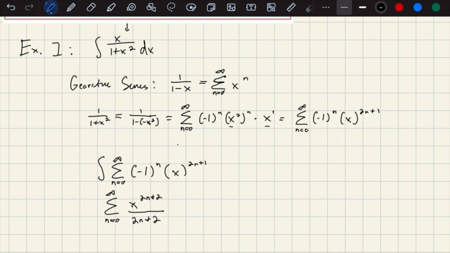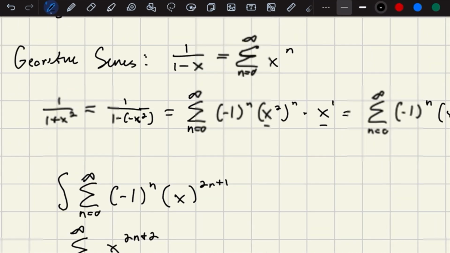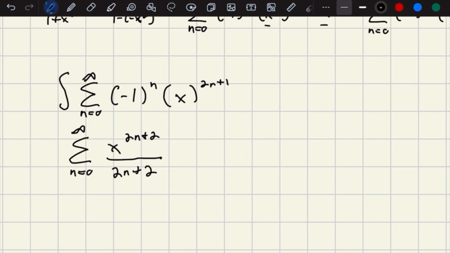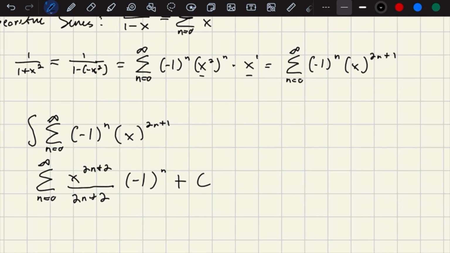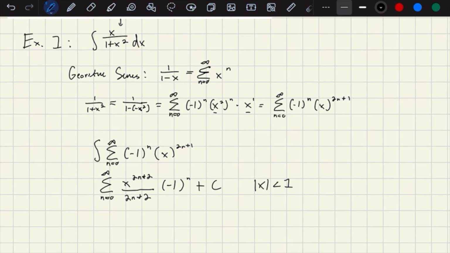Notice how this looks oddly similar to the antiderivatives that you would do for regular powers like x to the power of 8, and then you just tag along the negative 1 to the n, and then you include the constant of integration, and you always have to remember that this is only for values of x less than 1 because of the radius of convergence. So just in fashion, I'll circle my answer now.